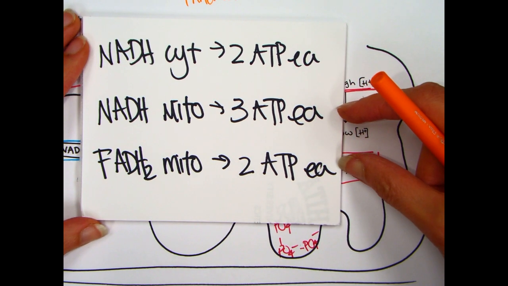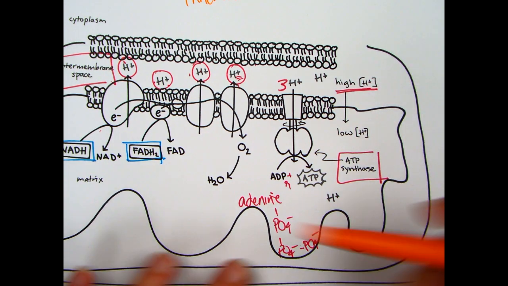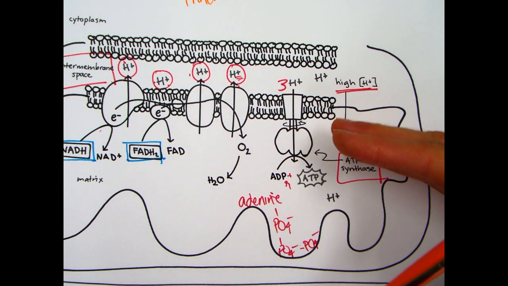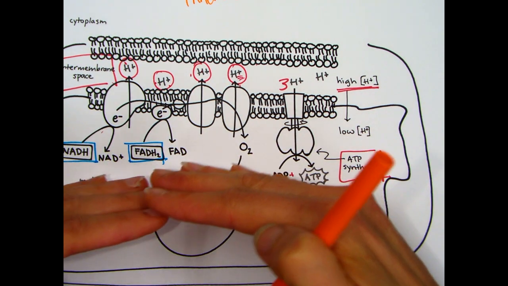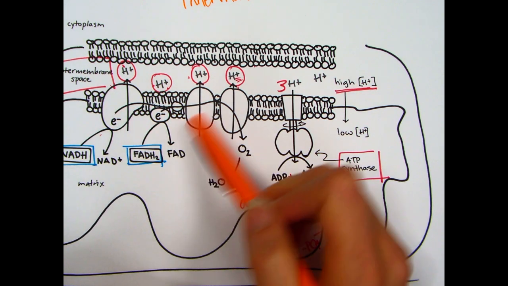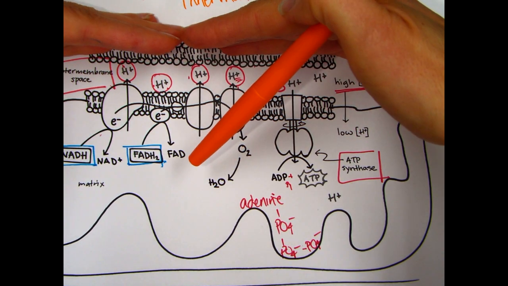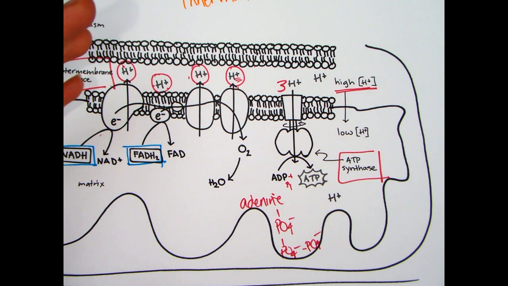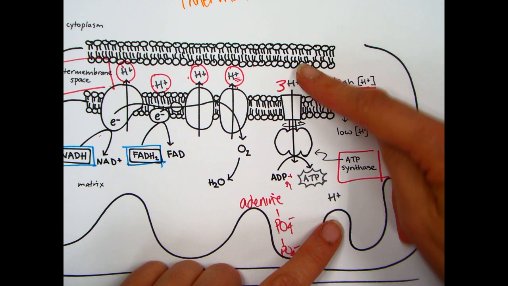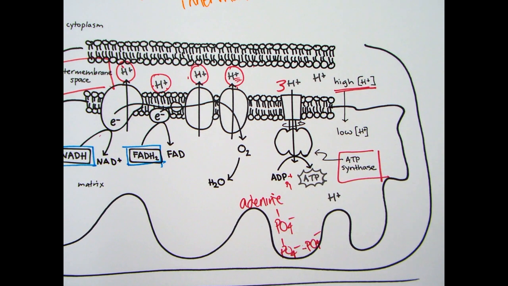They release different amounts of energy and can make different amounts of ATP. Each of the electrons will use the energy that it is releasing to power the pumping of protons by these different proteins into the intermembrane space. And then that accumulated concentration of protons will go through the ATP synthase to power the ATP. Woohoo! We have made ATP.